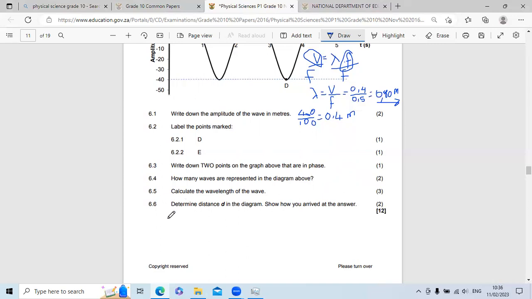Okay, so using that equation, distance is equal to wavelength multiplied by the number of waves, multiplied by 2.5.